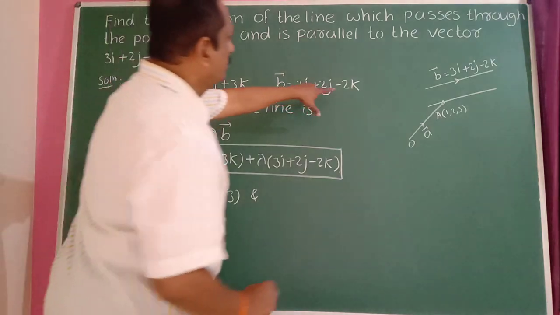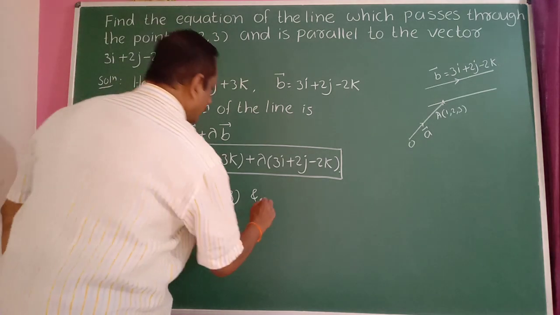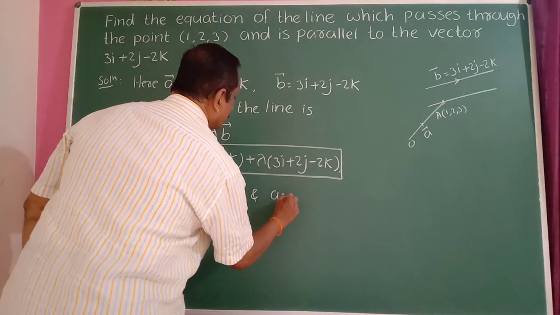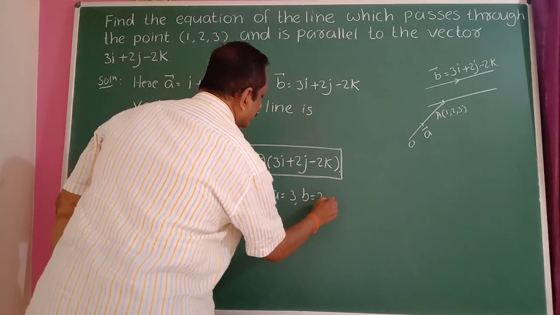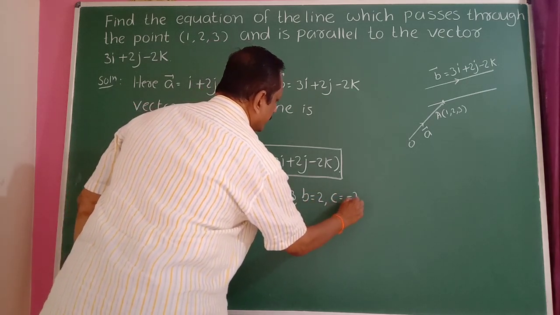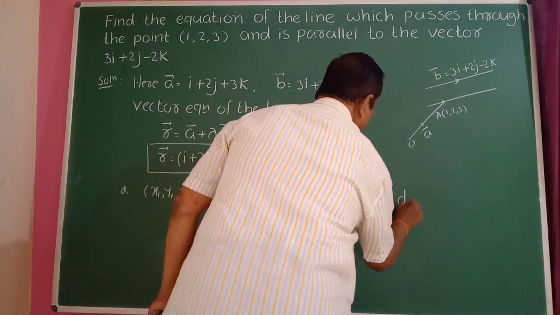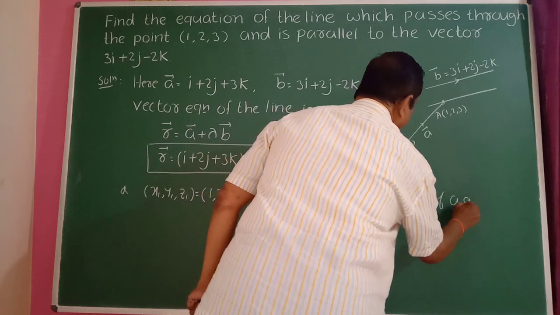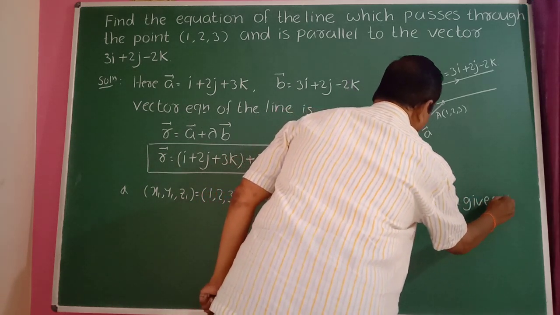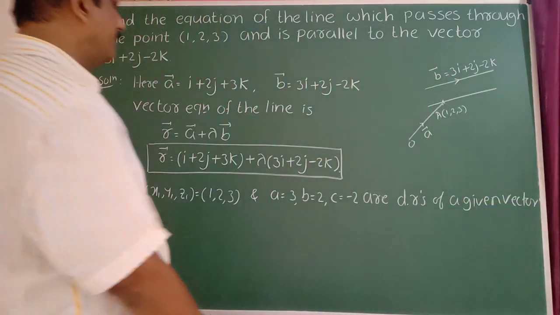So 3, 2, minus 2 are the direction ratios of the given vector, and a is equal to 3, b is equal to 2 and c is equal to minus 2 are direction ratios of the given vector.